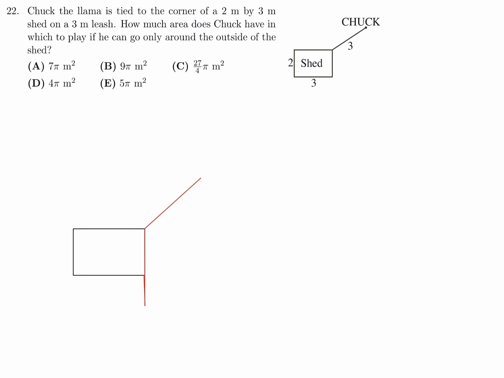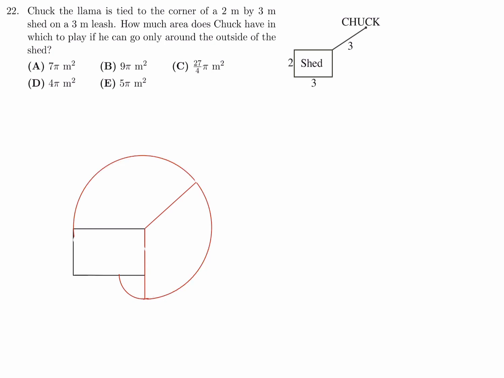So basically what that does is it forms the components of a circle. And I'll draw in those circles. So here we go. I've tried to draw the area the best I can. So he's basically going to be able to move all the way like that. And then once he gets to that point, he can only move this much.